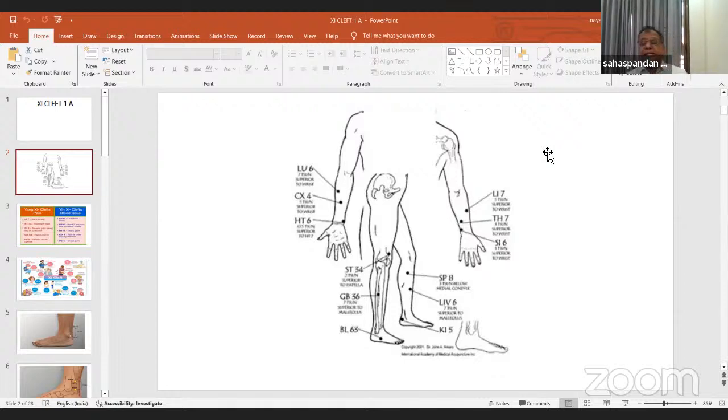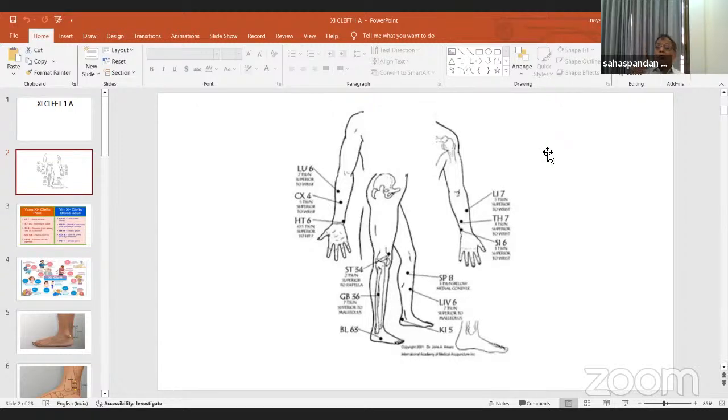Friends, Xi-Cleft points, also called the accumulation points, are all located between the fingers or toes and the elbow or knee, so below the elbow or below the knee.